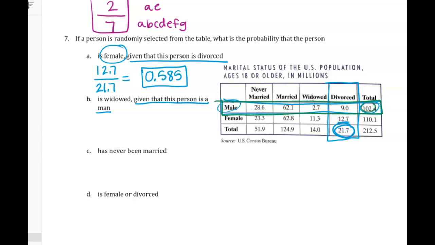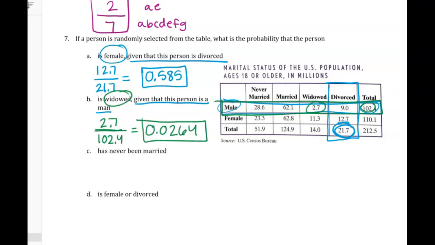Our numerator is widowed. Out of this row, we just narrowed our view down to, I suppose. That's all we're looking at. And so widowed was 2.7. So we have 2.7 divided by 102.4, which is 0.0264, or about 3%.